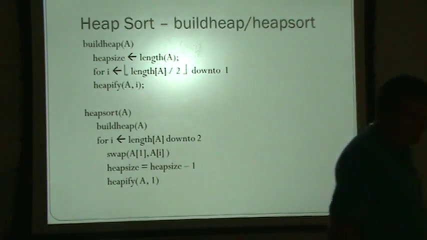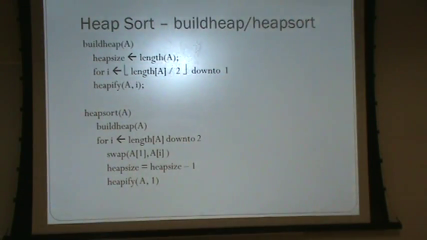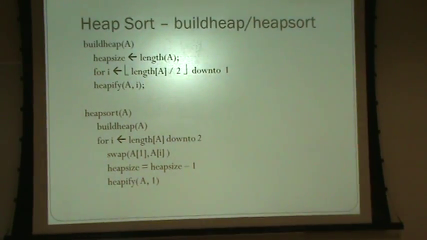Because all we care about with a heap is that we keep the property that the parent is bigger than or smaller than, depending on if it's a min heap or max heap, the children.